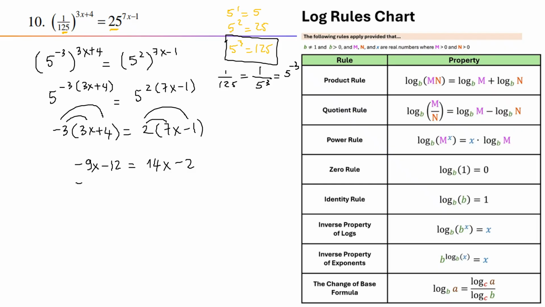Now we will add 9x both sides so that we cancel this part. Now we will add 2 both sides so that we cancel this part. Okay, now we're left with 14x and 9x. This is 23x.